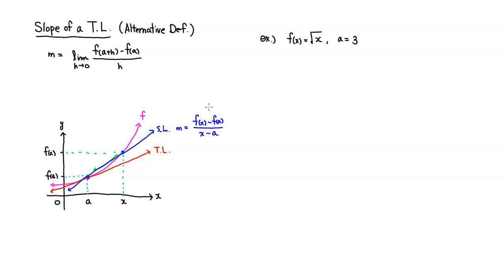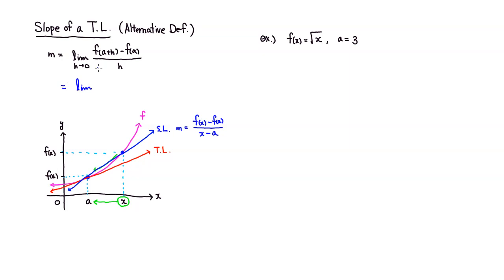So that's the slope of the secant line. We're going to try to mimic the tangent line by putting the second point closer to the first point. How do we do that? We want to send the x value, which is here, closer to a. We know how to write that, right? So you want to take the limit.